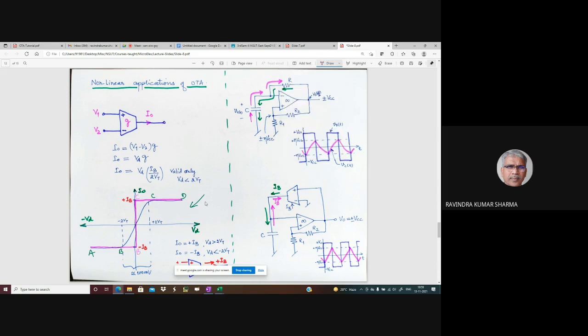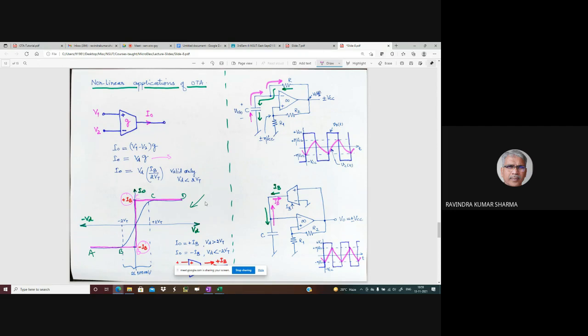So BC is the linear region. BC region में it follows this relationship that IO is VD times G. Correct? But when it operates in non-linearity, then output saturates to either plus IB or to minus IB. If V1 minus V2 is positive, more than twice VT, then it saturates to plus IB.